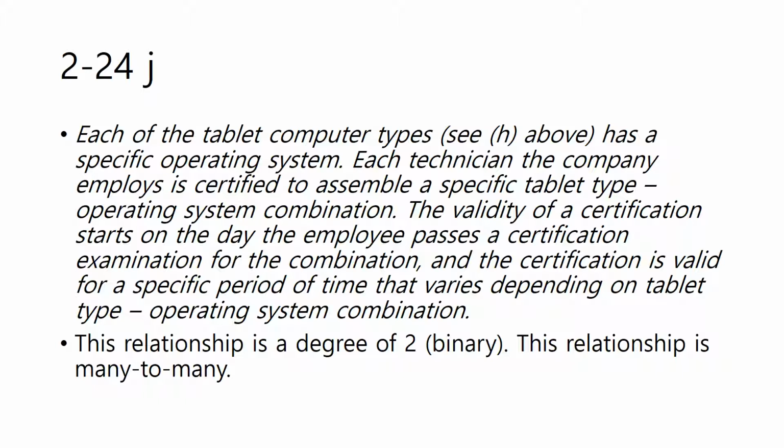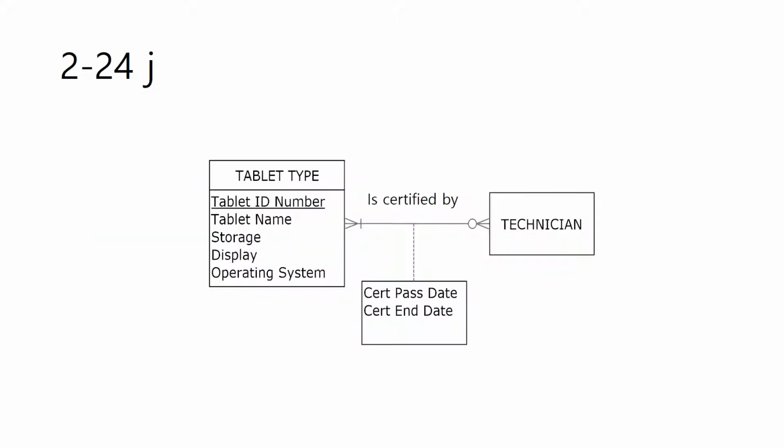The validity of a certification starts on the day the employee passes a certification examination for the combination, and the certification is valid for a specific period of time that varies depending on tablet type operating system combination. So this relationship is a degree of two, a binary relationship, and then the relationship is many-to-many.